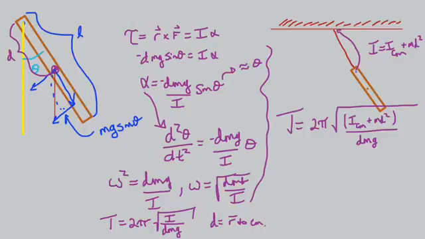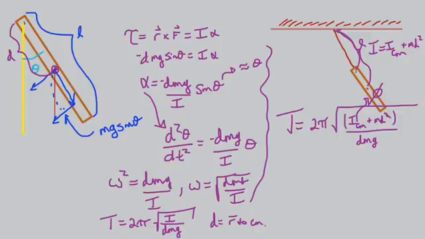Well, so here's another really cool approximation that works with this. Because the length of the string right here, okay, so the length of the pendulum compared to the radius of the center of mass of this thing, this isn't very long, and we're squaring it. So this goes to 0 for ICM, and we are left with md squared over dmg.